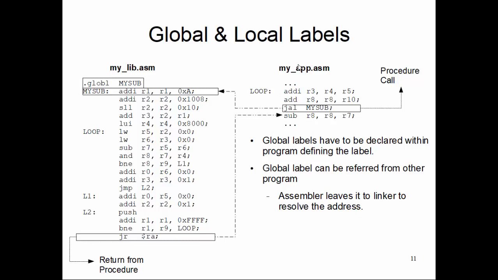At assembling time the assembler doesn't have a problem, because it says, I have a my sub defined in the scope of this file, myapp.asm, so I will use that definition for dereferencing my sub. Now for the linker, it becomes a little bit confusing, because in one of the codes my sub is a global symbol, whereas another source code defines it without making it global. So it's kind of in a conflict.